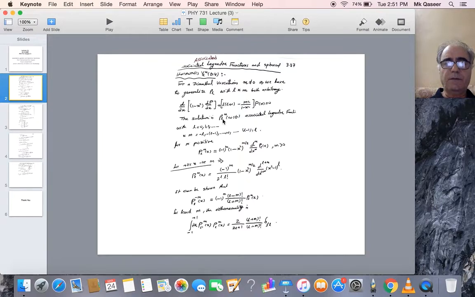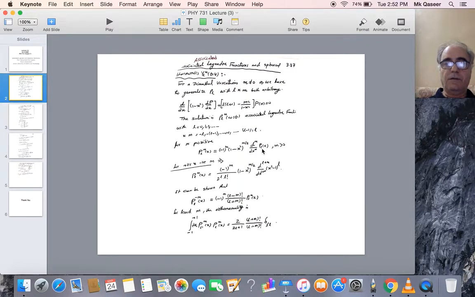This is the subscript and this is the superscript. Cosine theta we call x in the ordinary Legendre polynomial. Now the values of L run from 0 up to infinity, and the values of m run from minus L, minus L plus 1, up to 0, up to L. For positive m, we can write P_L^m(x) in terms of this expression. m is the order of the associated Legendre function.